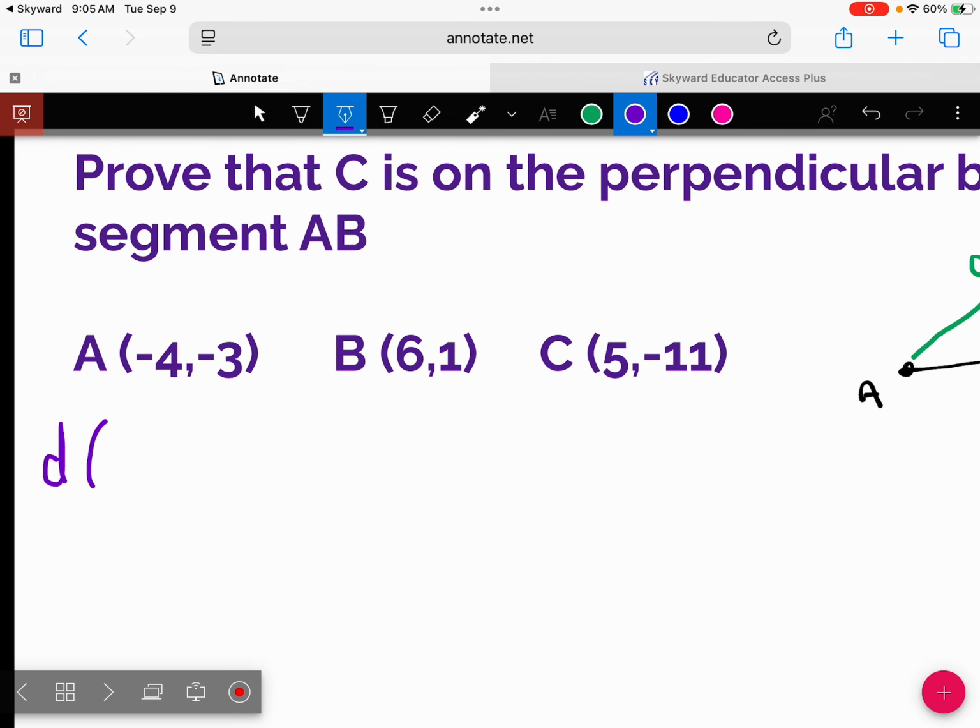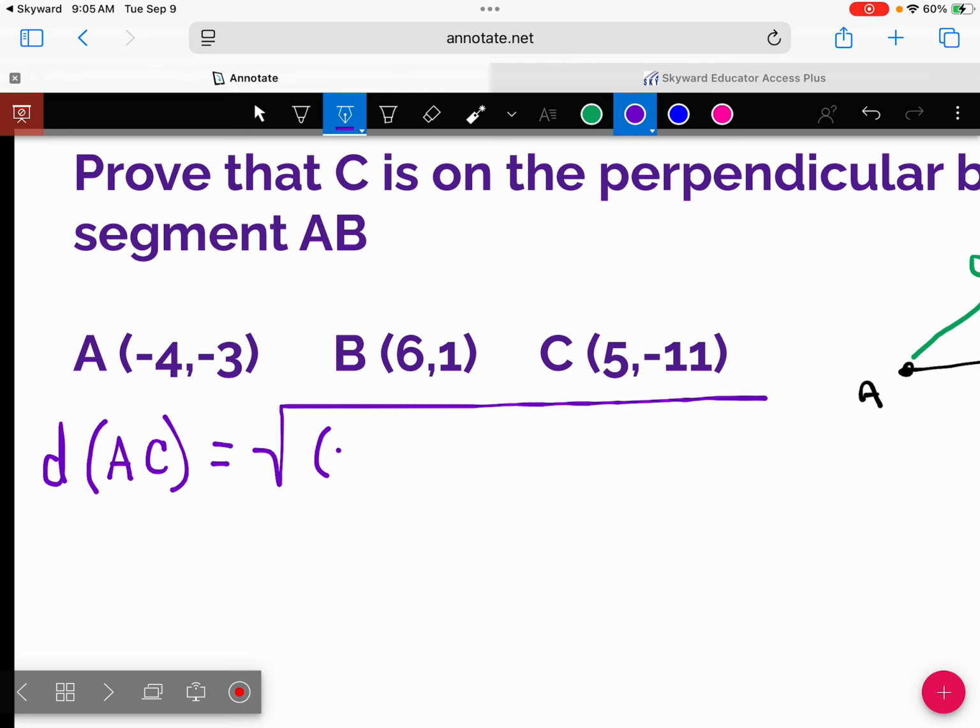So we're going to find the distance from point A to point C. We want to find that segment's distance, so we're going to use our distance formula. That's our square root of the changes in our x's squared.